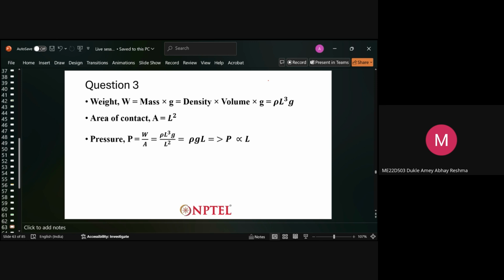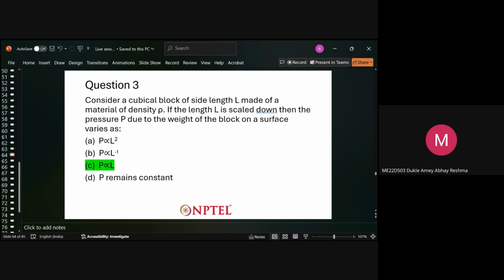Now the pressure due to weight. Weight is mass into gravity, and mass is your density into volume. Then you have the area, so it is weight per unit area. You do the substitution, and in the end the answer is that the pressure is scaled by length L. If the length is divided by 10, the pressure will also be divided by 10.